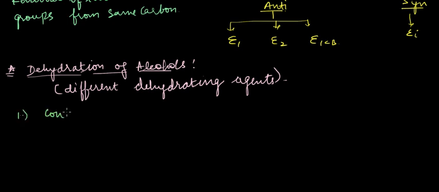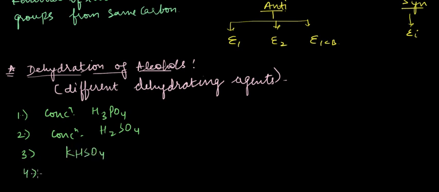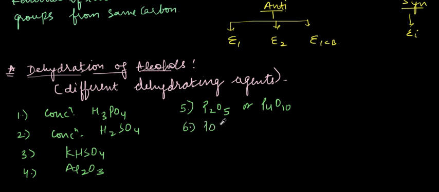So it's concentrated H3PO4, it can be concentrated H2SO4, it can be KHSO4, it can be Al2O3, then next it can be P2O5 or P4O10, next it can be POCl3, and then it could be ThO2.